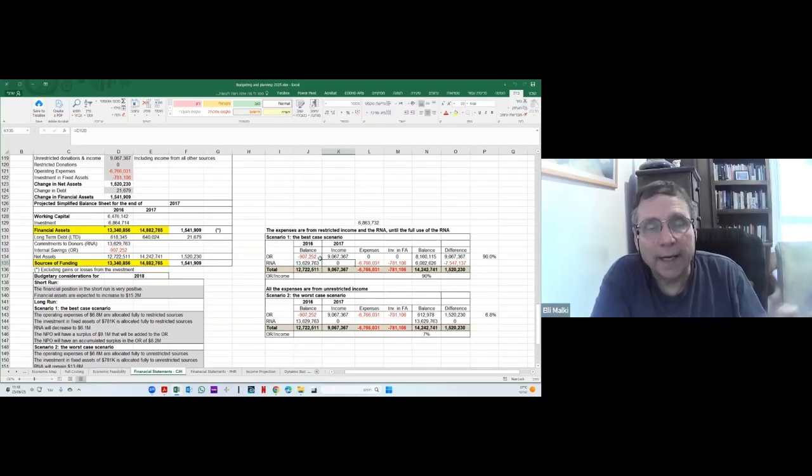There was no additional restricted income. Since the restricted net assets are much higher than our expenses, even including the investment in fixed assets, the entire amount of operating expenses and investment in fixed assets is allocated to the restricted net assets.